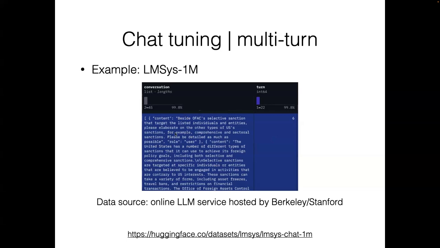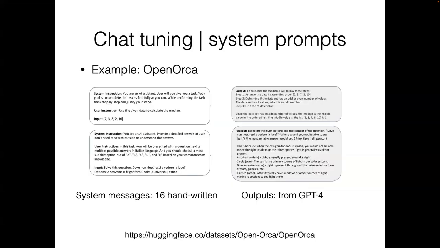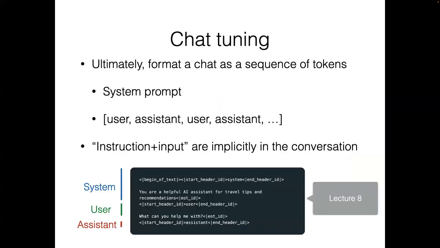Okay, so nowadays you might use data like this and add in the system prompts, and then turn them into a sequence of tokens and then fine tune your model on it, and you can get some basic chatbot.